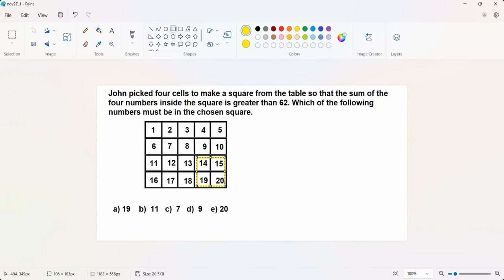So 19, 20. And if we want to include 19 and 20, then we have to include 14 and 15 as well, because it's a square. So this is the highest square. What is the number inside this square?